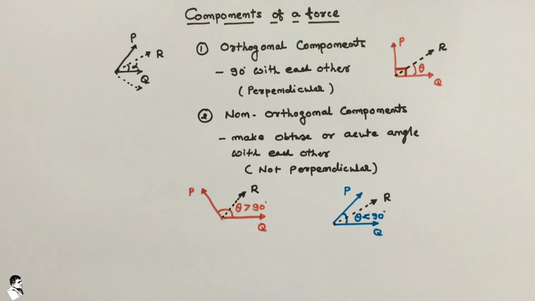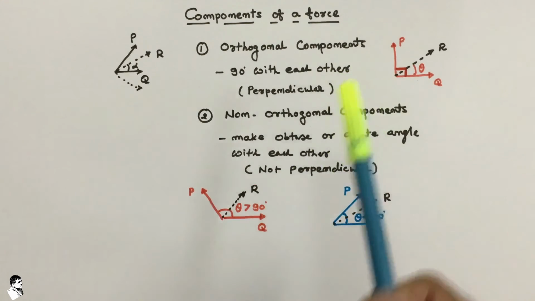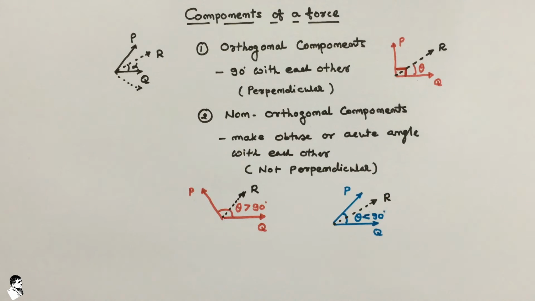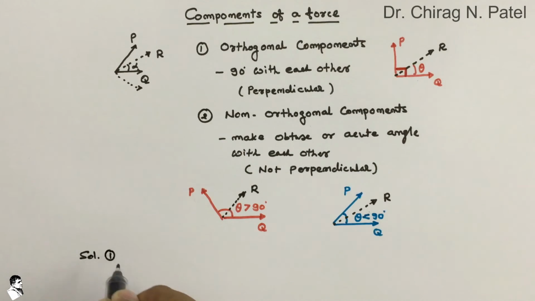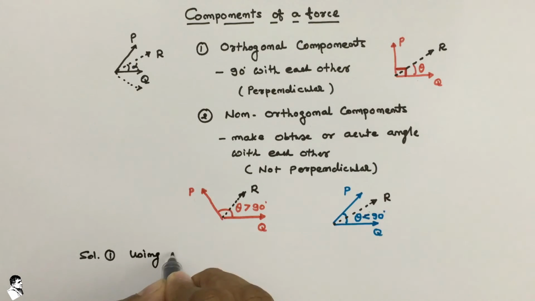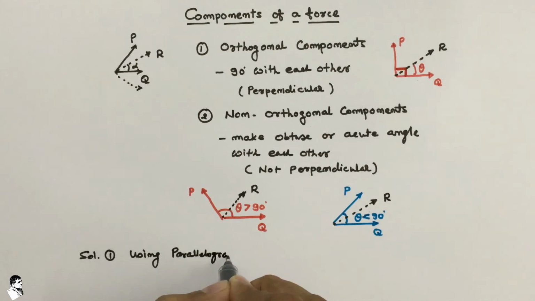Now here, to find out orthogonal components, we generally use the parallelogram law. It is very easy to find out using that. So here we write down a solution of 1, using the parallelogram law.